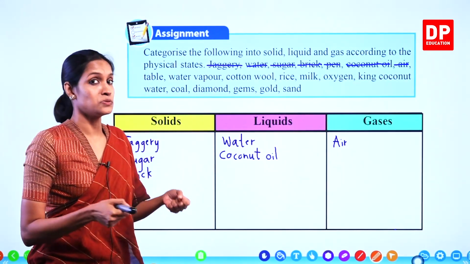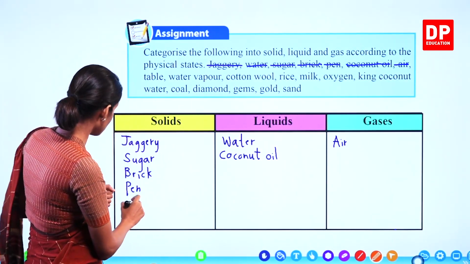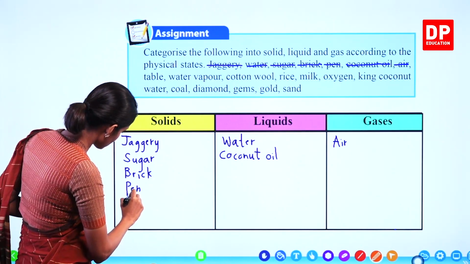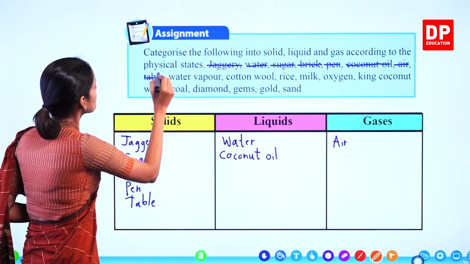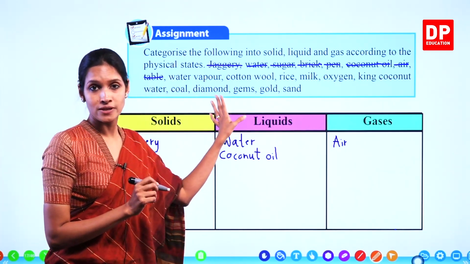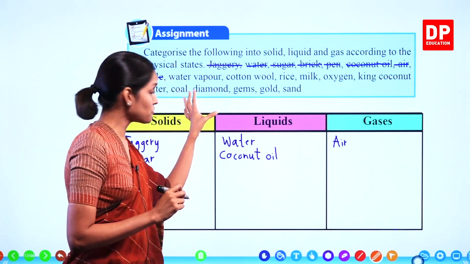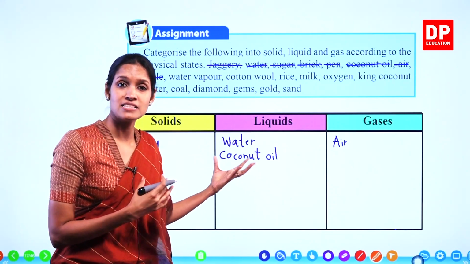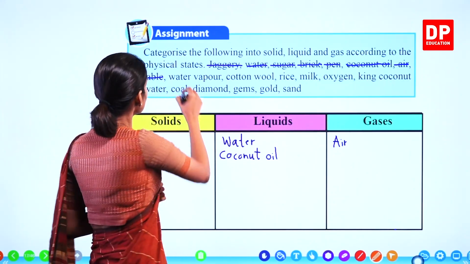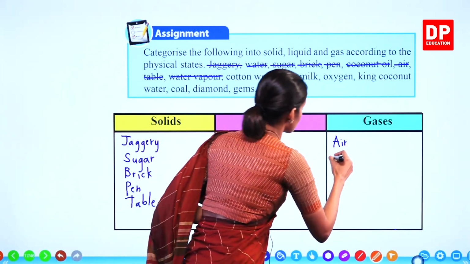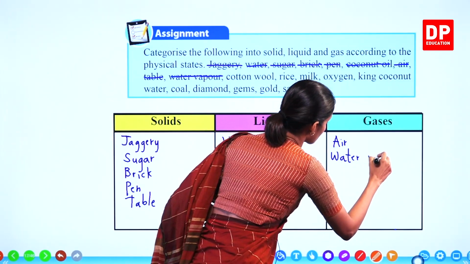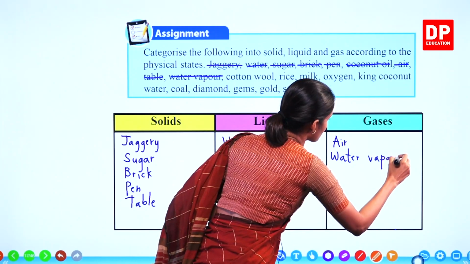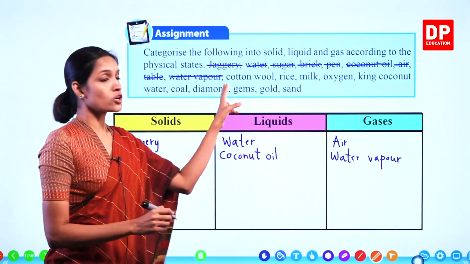Table, you can feel it's hard, right? Table is going under solids. Water vapor. Water vapor can be found in atmosphere, in air. It's a type of gas, right? So water vapor goes here. Cotton wool.